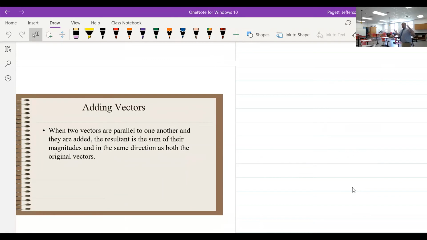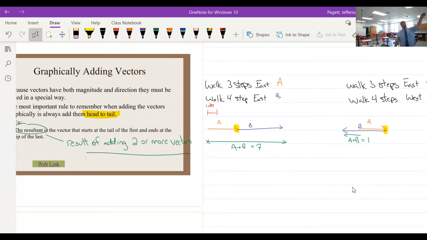Now, I'm going to talk about this really quick, and then we'll go back and do it. If 2 vectors are parallel, the resultant is the sum of their magnitudes, and it's in the same direction as both. Let me go back up and take a peek. We walked 3 steps east, 4 steps east. They are parallel vectors. They're both pointing the same direction.